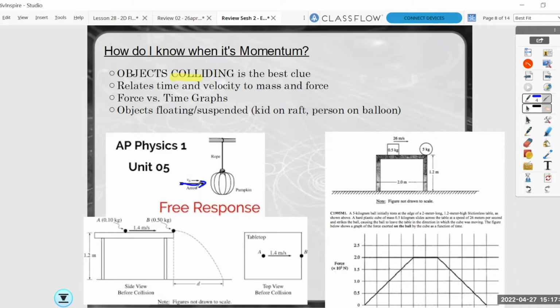These are all always momentum questions. Sometimes you'll get those impulse ones, relating time and velocity to mass or force. Quite often they will give you, maybe on an FRQ, some force versus time graph, and they ask you to analyze it or find the area or something. So these are all good clues that it's momentum.